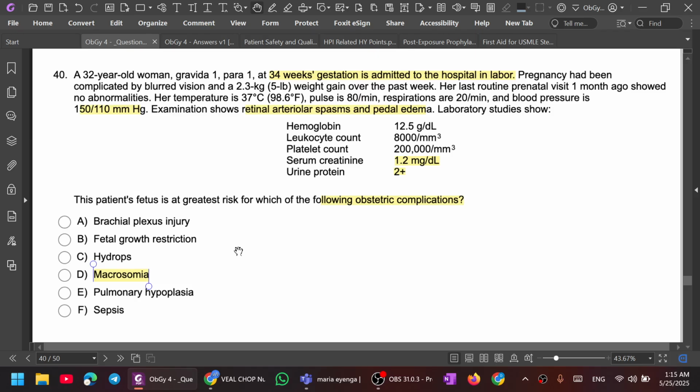So it's fetal growth restriction. These patient findings of hypertension, proteinuria, and organ dysfunction occurring after 20 weeks of gestation is consistent with preeclampsia.